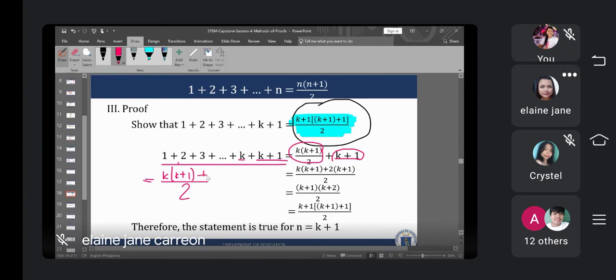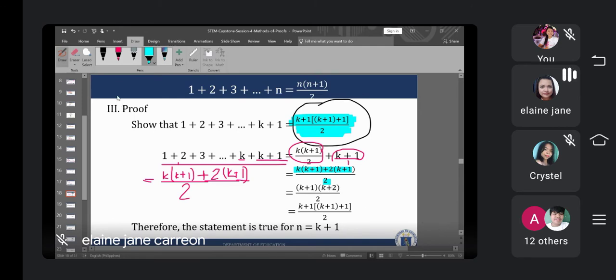Plus 2 divided by 1 is equal to 2 times k plus 1. So, as you can see, ito nakuha natin. Okay? So, ganun siya nakuha.